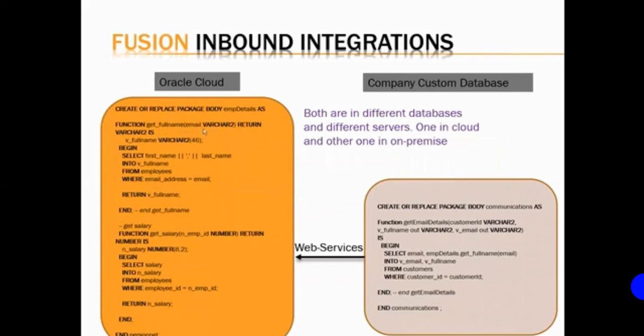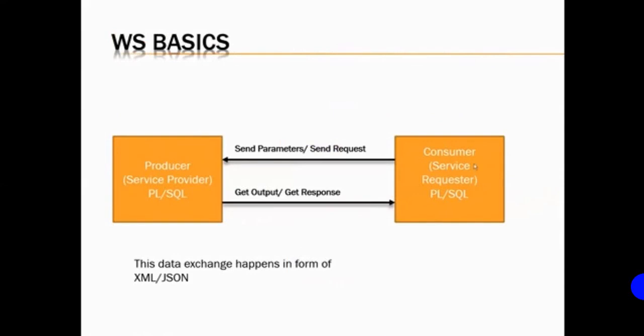We should know that, only then can the consumer make effective use of it. I should know the function name, the input parameters, and the output parameters. Then the consumer can send the input parameters, the producer can send the output response, and the consumer can catch the response and manipulate it in its own functionality.